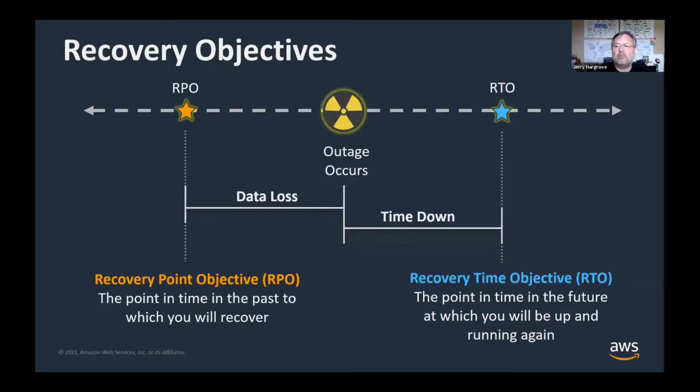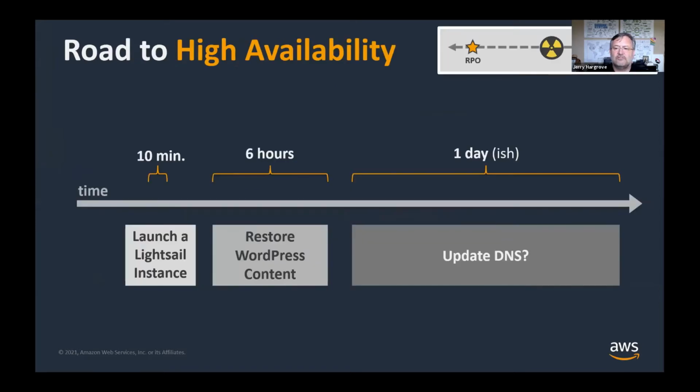So if we look back at our chart of recovery objectives and our goal of achieving HA, or high availability, we can see that our RTO, or recovery time objective, may be on the order of days in this case, based on what we just defined. So this seems like a good place to get started on our journey to high availability.